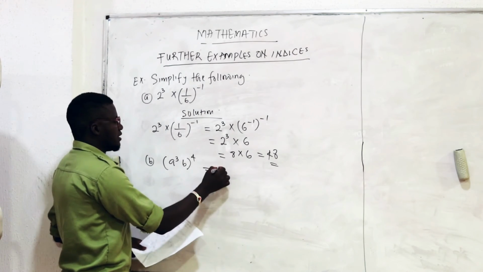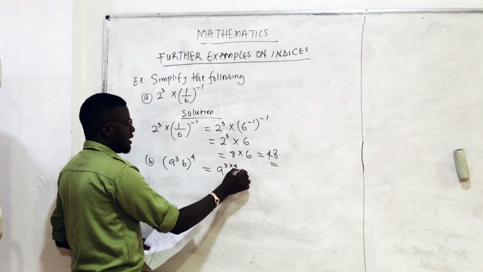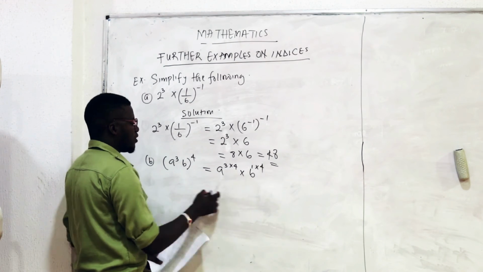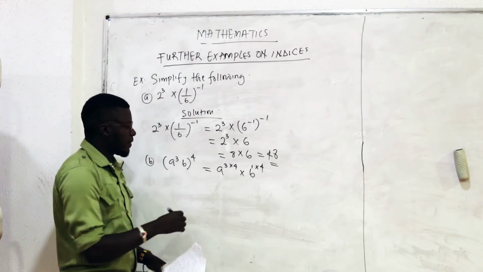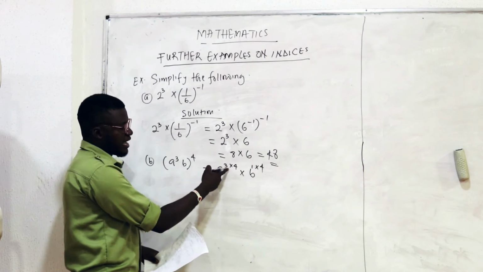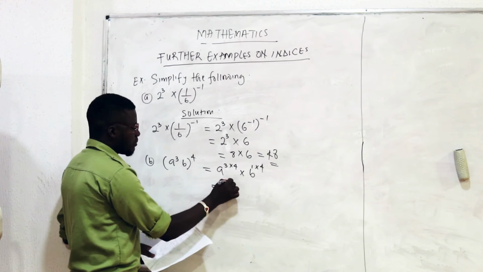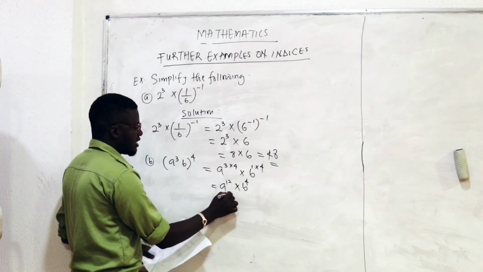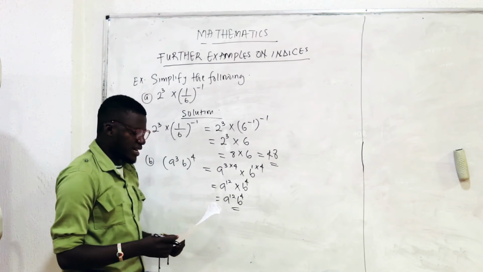So I'm going to have A raised to the power of 3 times 4, multiplied by B raised to the power of 1 times 4, because here I have just B. So B here is the same thing as B raised to the power of 1. If I multiply 3 times 4, it gives me 12. So here I'll have A raised to the power of 12 times B raised to the power of 4. So my final answer will be A raised to the power of 12, B raised to the power of 4.